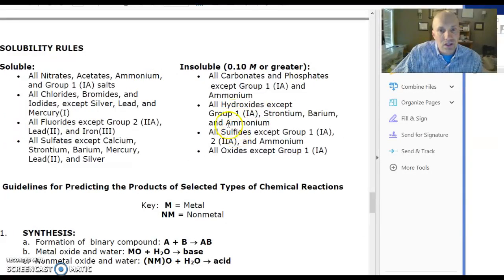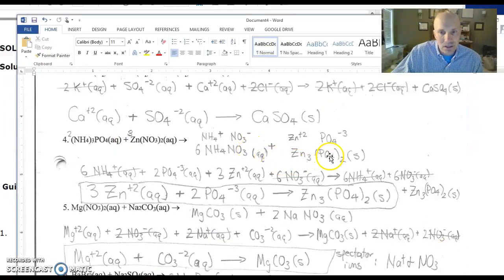Where does it say? Okay, all phosphates tend to be insoluble except group 1A. And notice that this is a phosphate and zinc is not a group 1A ion, so that would be assumed to be insoluble, which is why we put the solid right there.